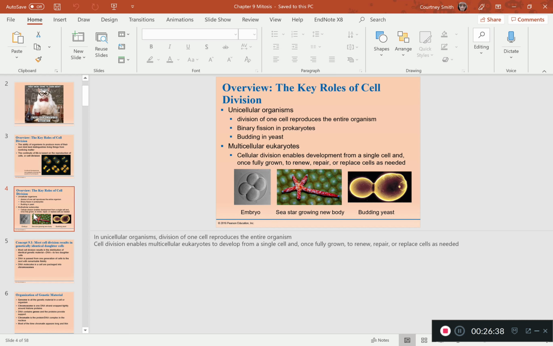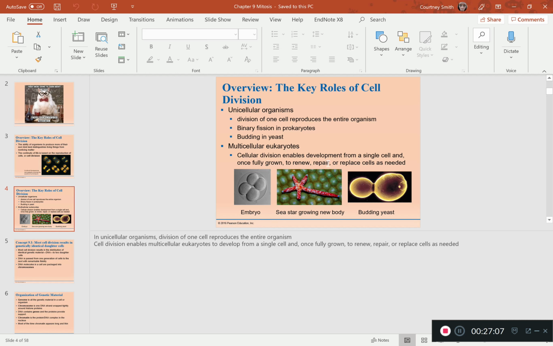Bacteria don't have sexual reproduction, so their form of mitosis is called binary fission. With yeast, they bud, so it's kind of like binary fission, except instead of being completely the same size, the bud, which is the reproductive cell that was just produced, the progeny, will be a little bit smaller.